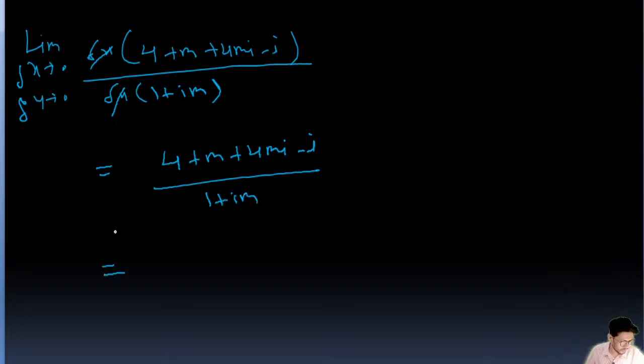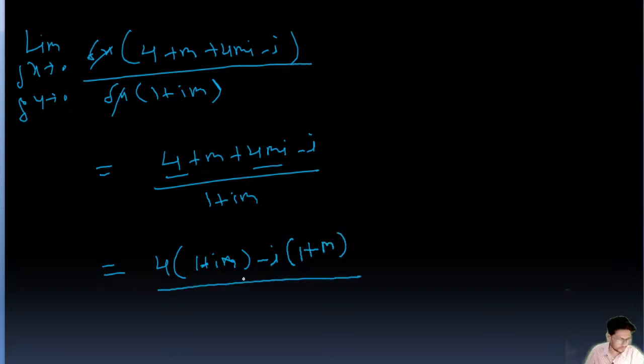Okay, so this value is going to be, we'll take 4 common, so it's going to be 1 plus iota m from these two, plus minus iota common, and this is going to be 1 plus im.